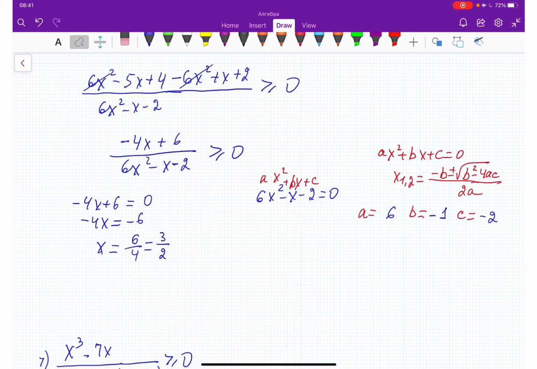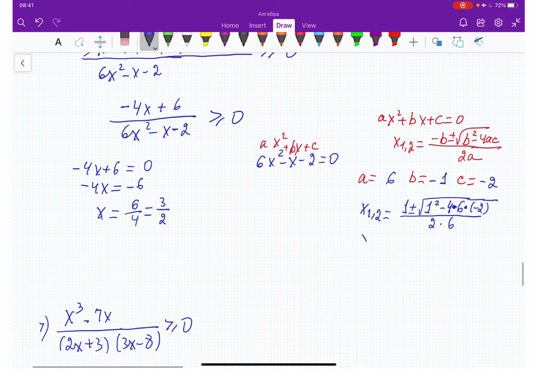Okay, let's start solving. X1, 2 is equal negative b, so since I have negative 1, negative b will be positive 1, plus minus square root of b squared, it's going to be 1 squared minus 4 times a is 6, and times c is negative 2, and divided by 2 times a, which is going to be 2 times 6.